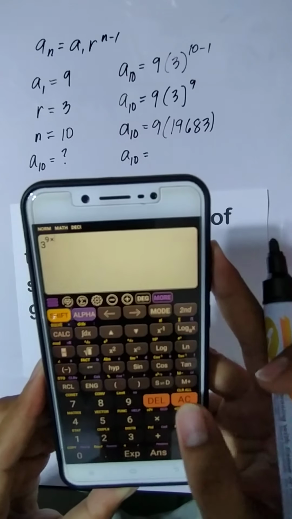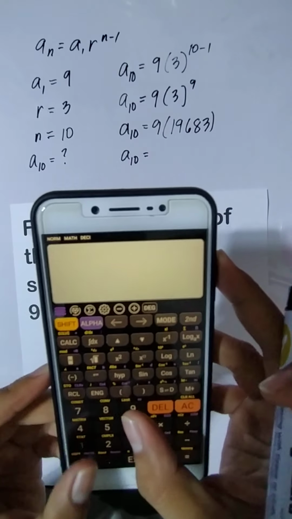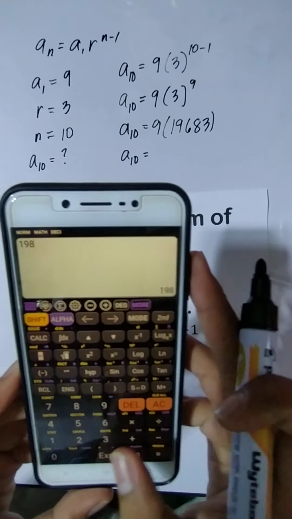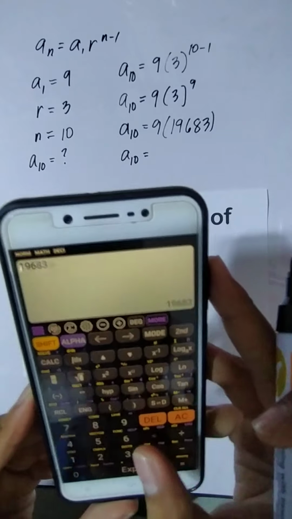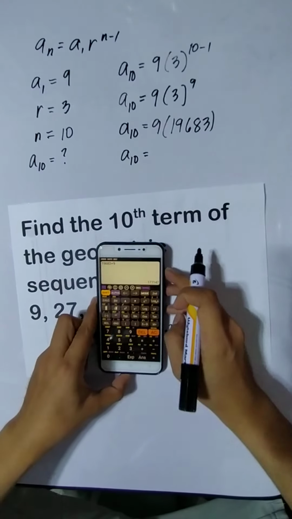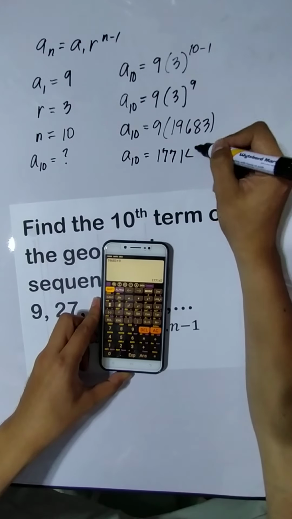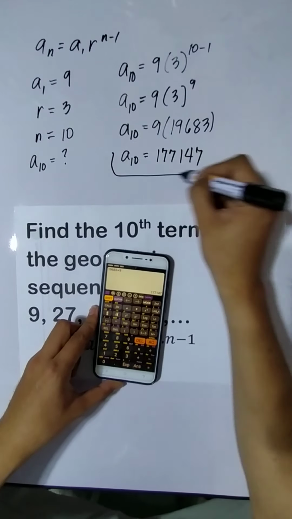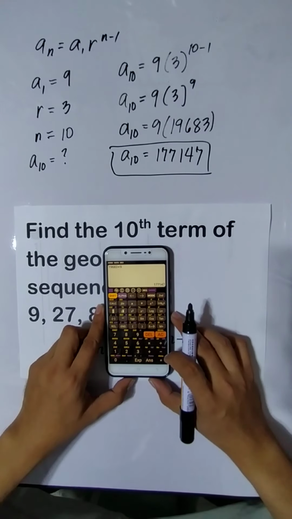Ita-times natin sa 9. We have 19,683 times 9. Yan ang ating magiging final answer. We have 177,147. Yun yung pang 10th term na hinahanap natin on this problem.